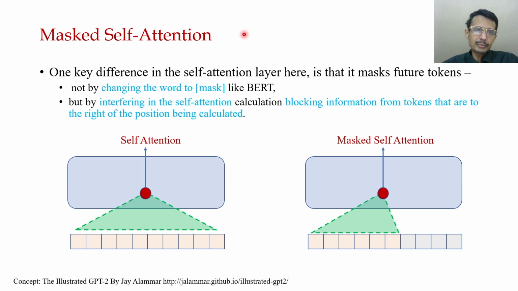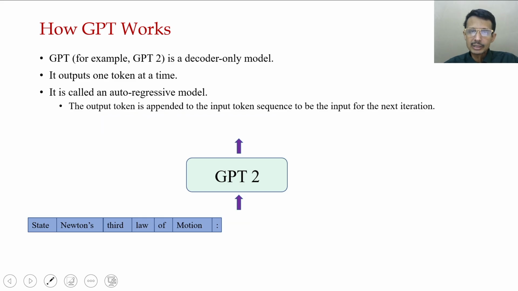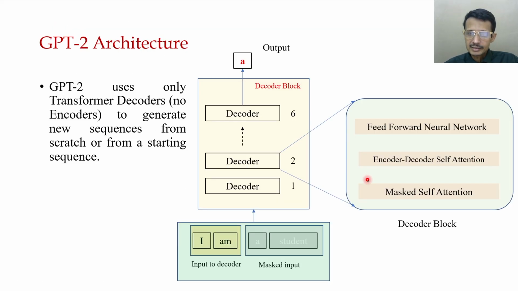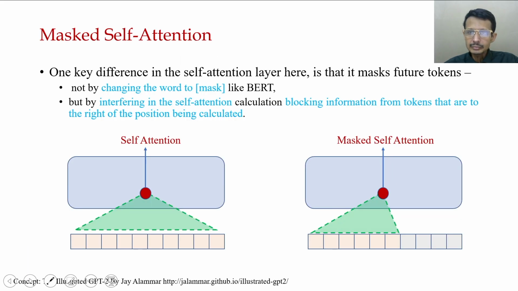Now we have to understand what we mean by masked self-attention. As you have seen, this is one of the major aspects. Encoder decoder attention we have seen before, but this is masked self-attention. One of the key differences in the self-attention layer here is that it masks future tokens.